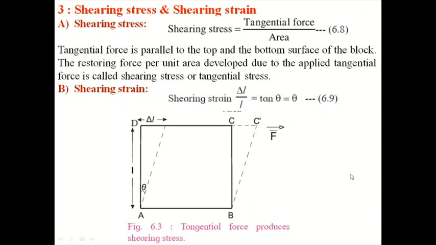Shearing stress is the tangential force per area. And what is meant by tangential force? Tangential force is parallel to the top and bottom surface of the block, and the restoring force per unit area developed due to the applied tangential force is called shearing stress or tangential stress.